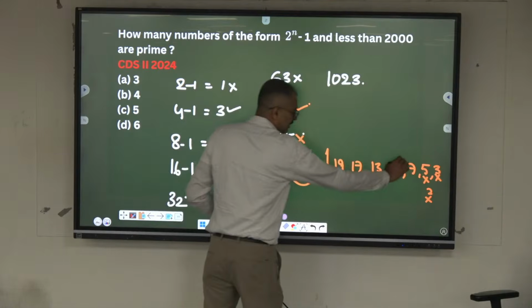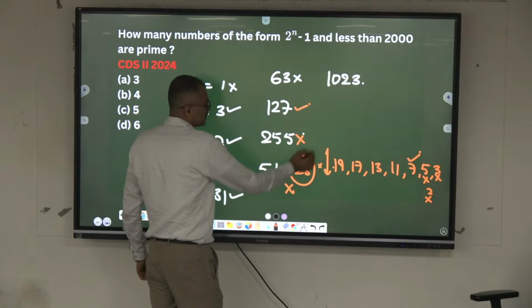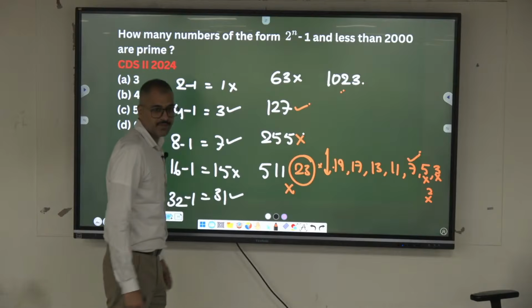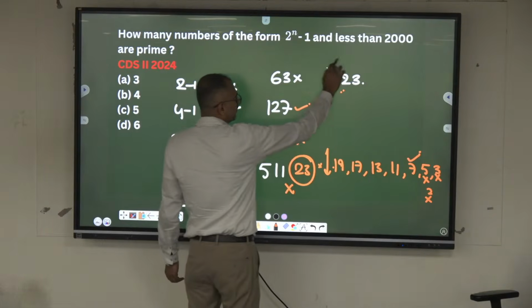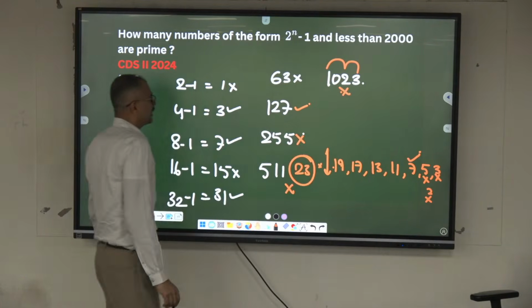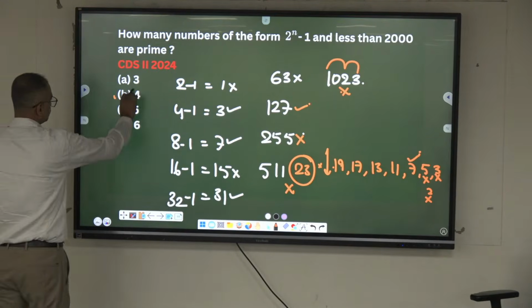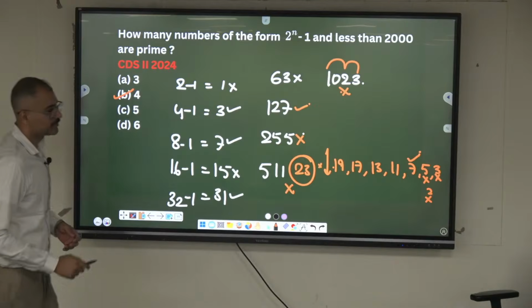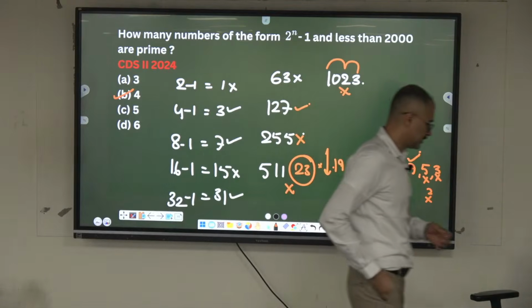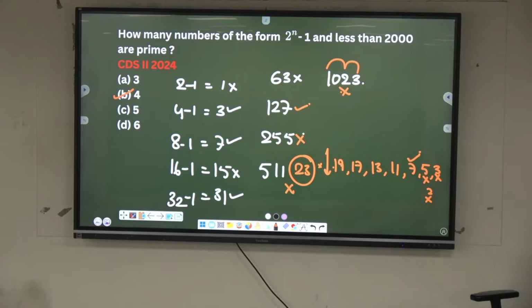Divisible by 7? Yes, so not a prime. 1023, prime or not? 3 rule, 1 plus 2 plus 3. No. So how many are prime? Remember prime, important. How many prime numbers?